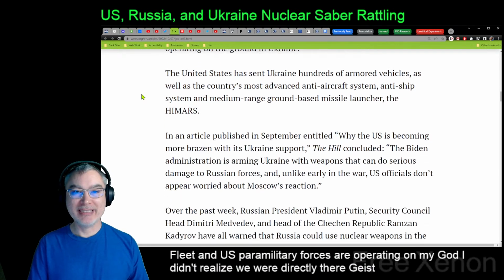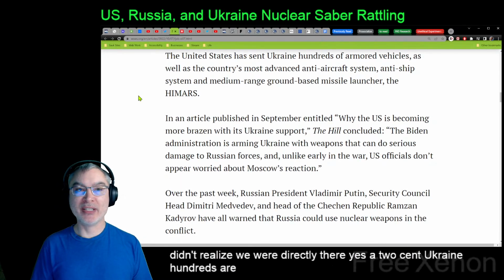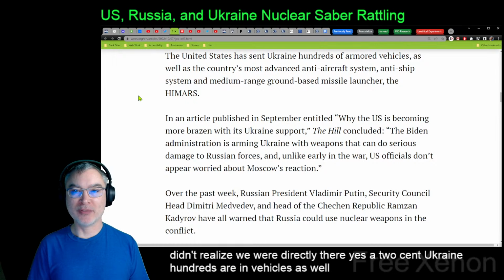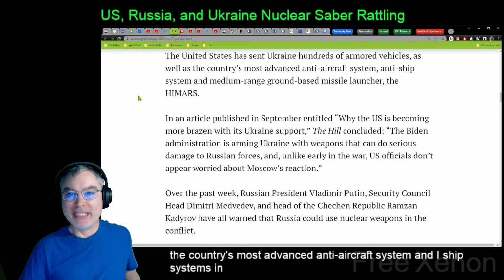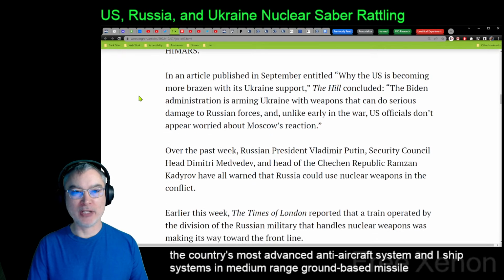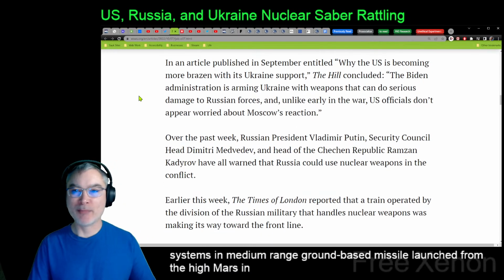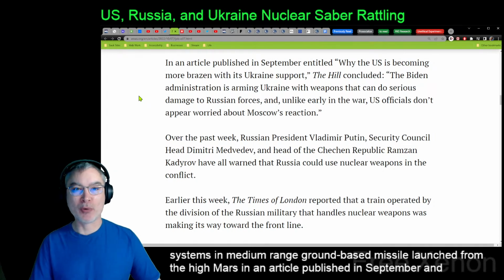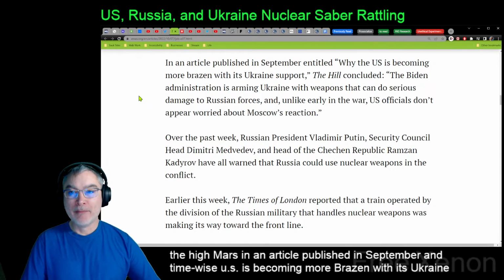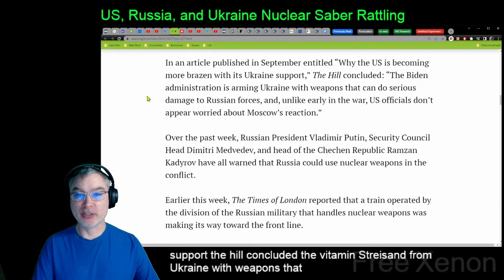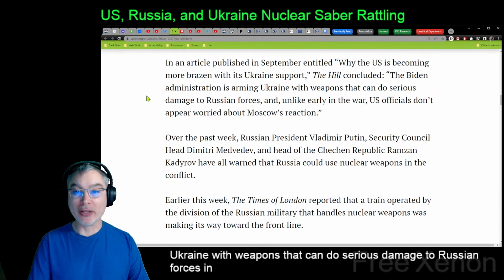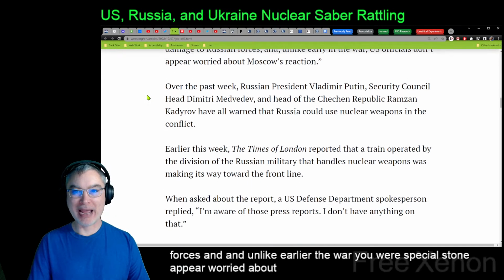Yikes. The United States has sent Ukraine hundreds of armored vehicles, as well as the country's most advanced anti-aircraft system, anti-ship systems, and medium-range ground-based missile launcher, the HIMARS. In an article published in September entitled "Why the U.S. is Becoming More Brazen with Its Ukraine Support," The Hill concluded the Biden administration is arming Ukraine with weapons that can do serious damage to Russian forces, and unlike earlier in the war, U.S. officials don't appear worried about Moscow's reaction.